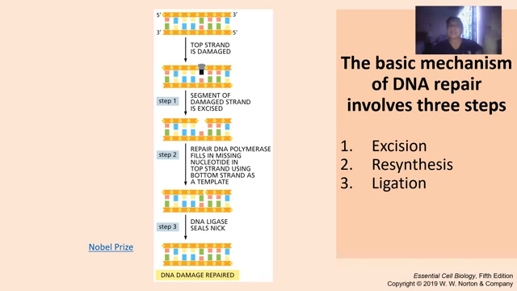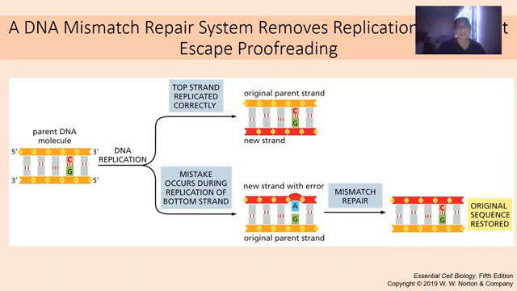The first is excision of the damaged base or damaged area of the DNA strand. And then the second step is obviously to repair that damage by replicating that portion of the DNA. And then finally, you have to always seal the nicks and ligate the backbone so that it is a smooth strand and does not contain any knots or breaks.